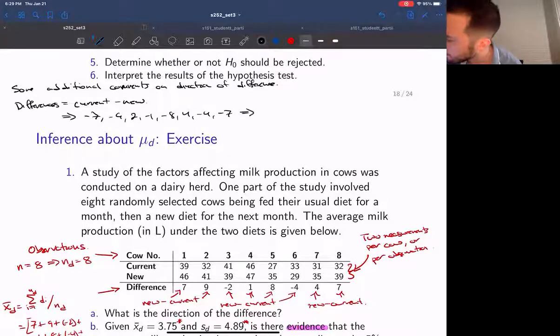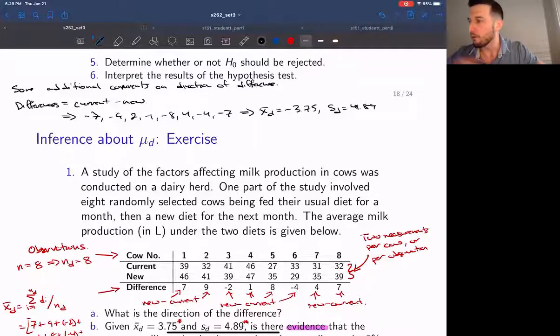Okay, from this sample, we would then have x bar D is -3.75, and we would have little sd is 4.89. Now, if we wanted to answer the exact same question that was given in part B, the only difference here would be on step 1, we would have mu D greater than or equal to 0 versus mu D less than 0.